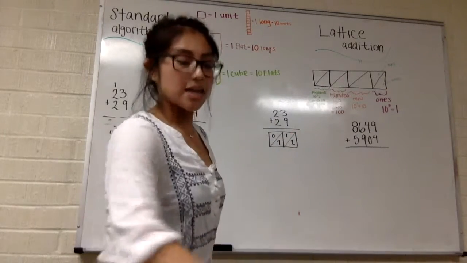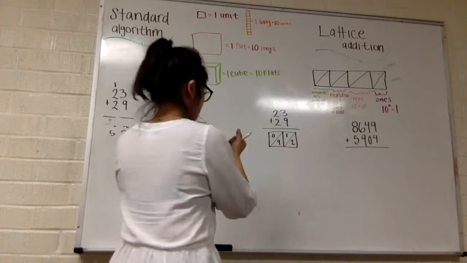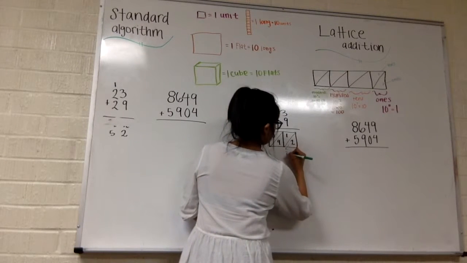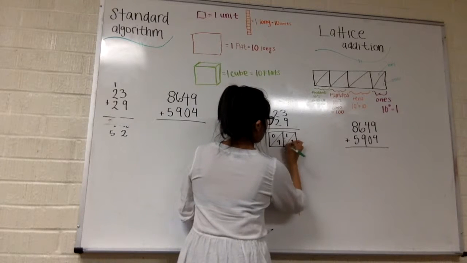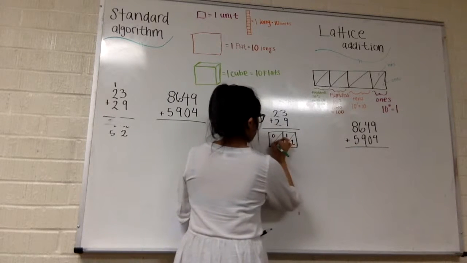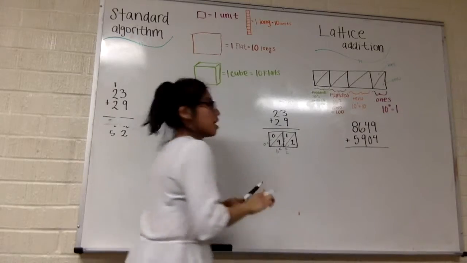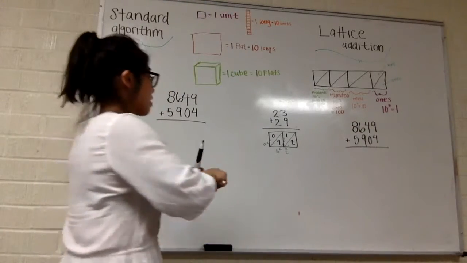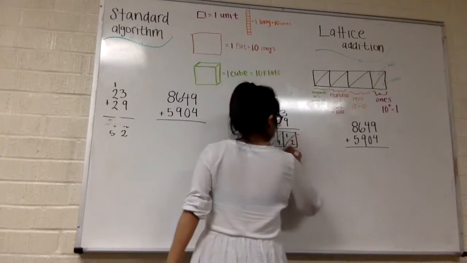So with lattice, we add diagonally. So here we have 2 plus nothing, which is just 2, and then 4 plus 1, which is 5, and then we have here 0. And this is because we have the boxes representing each place value. So here we have the ones place.